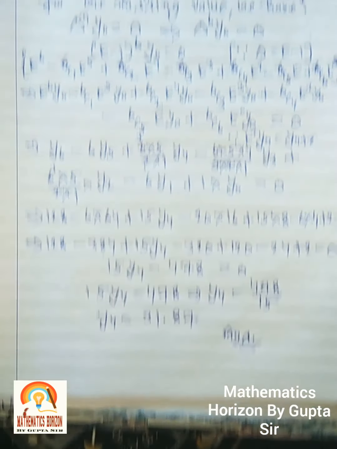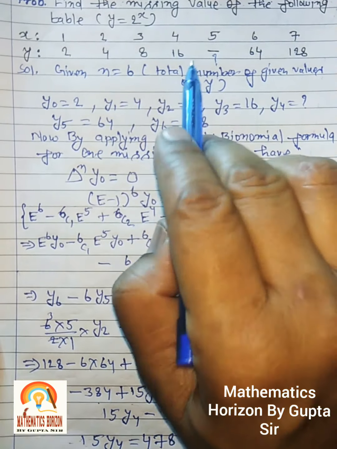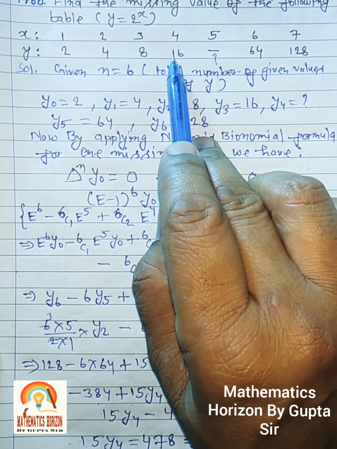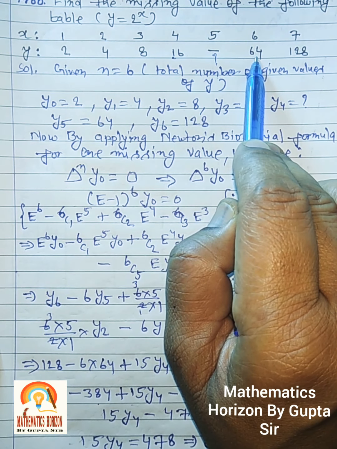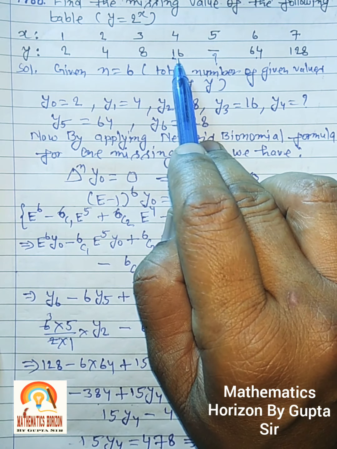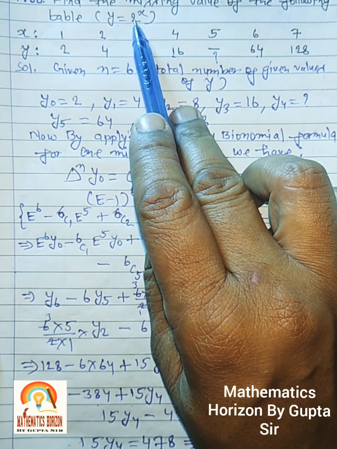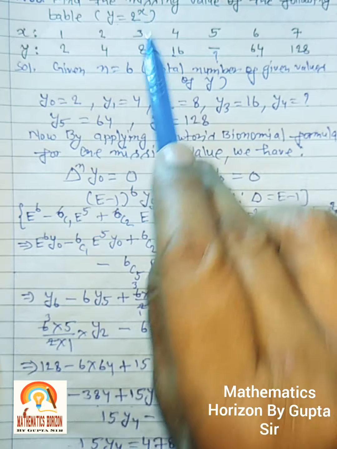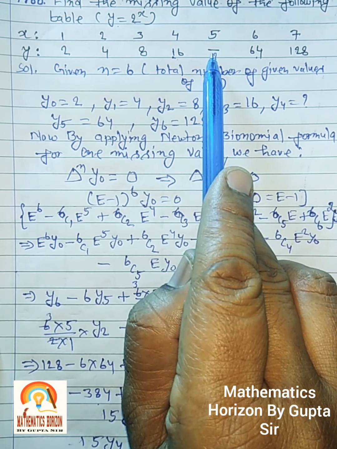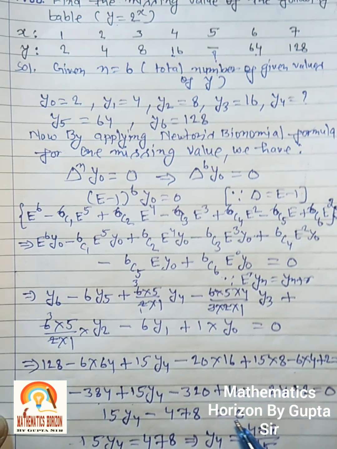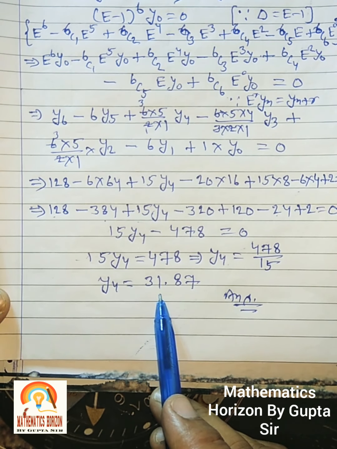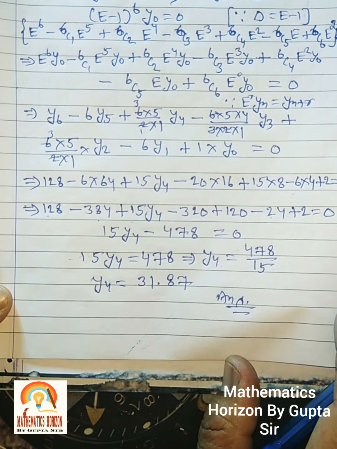Okay, and definitely that value must be between 16 and 64. If we apply the formula y equal to 2 to the power x and put x equal to 5, we get 32, but approximately we are getting 31.87.